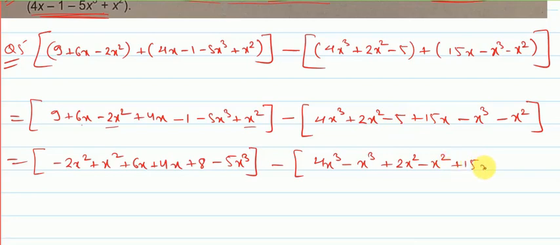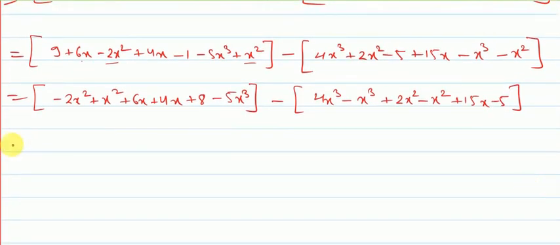And here plus 15x minus 5. Now here x square, here nothing means 1, minus 2 and plus 1 becomes minus 1x square. And here plus 6x, 4x, that also plus, so we get plus 10x, and here plus 8.